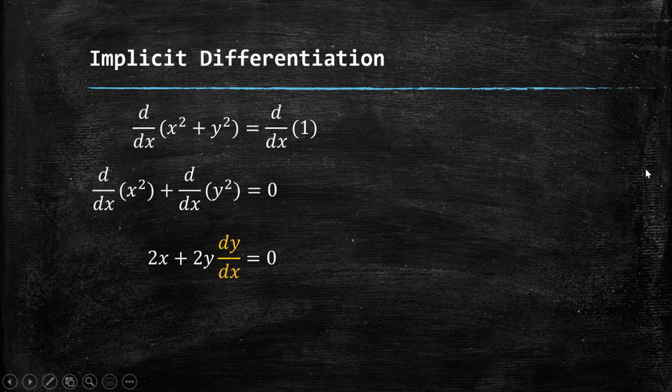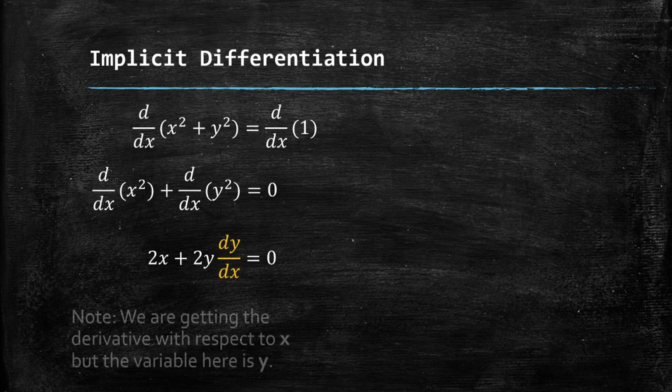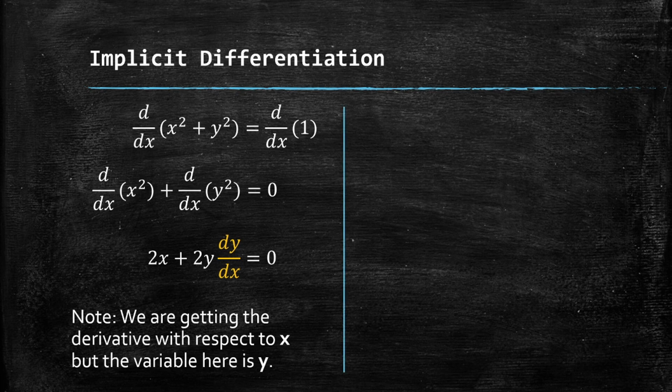Again, our goal is to get the derivative of y with respect to x. We just need to get the derivative of the equation. Here there's a note: we are getting the derivative with respect to x, but the variable here is y, so that's the reason why there's dy dx. Then we use the addition property of equality.